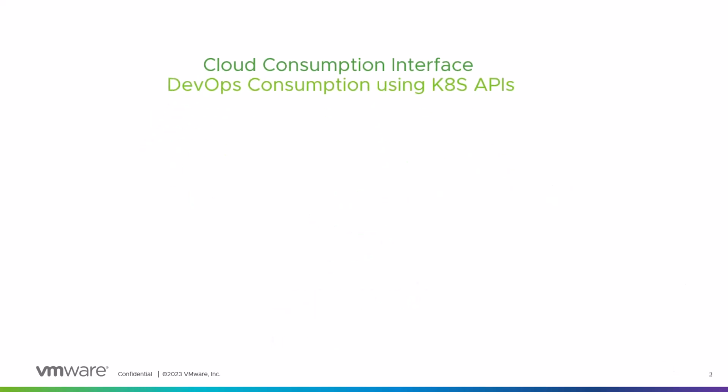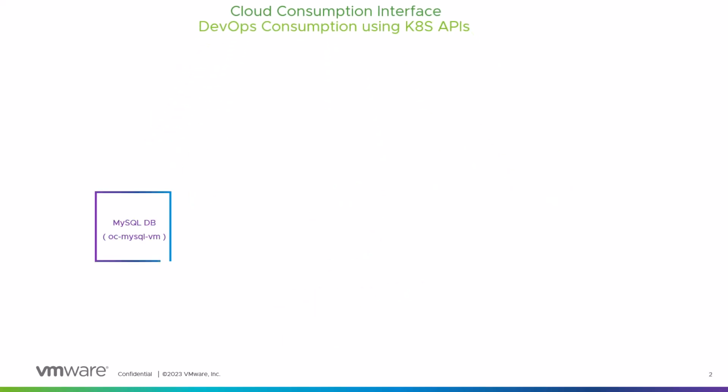In this application architecture, the backend database tier consists of a virtual machine running a MySQL database and a load balancer service exposing both MySQL on TCP port 3306 and SSH on TCP port 22, all while leveraging the VM service and the VM operator.